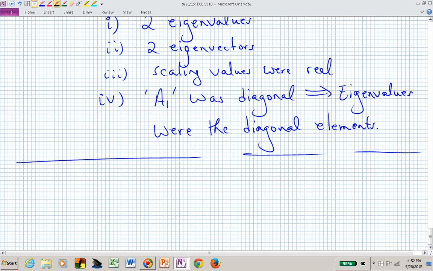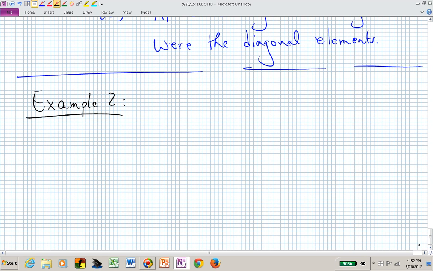Let's look at a second example. Suppose A sub 2 is now minus 1, 1, 0, minus 2.